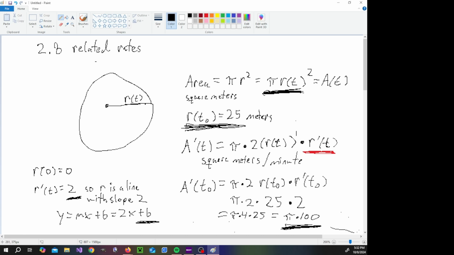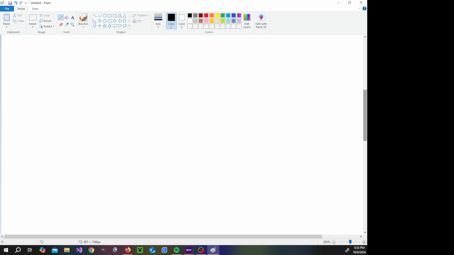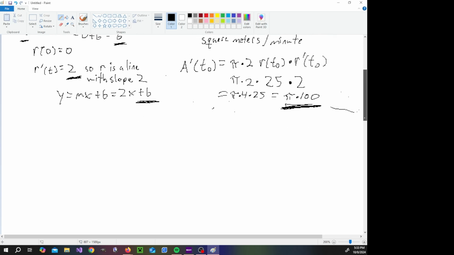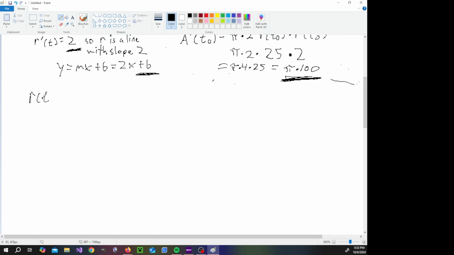However, since I know plugging in 0 gives me 0, then 0 is equal to 2 times 0 plus b. Well, 2 times 0 is 0, so 0 plus b is just b, so b is 0. So r of t is 2t plus 0, which we don't even need to write. Okay, so r of t is just 2t.